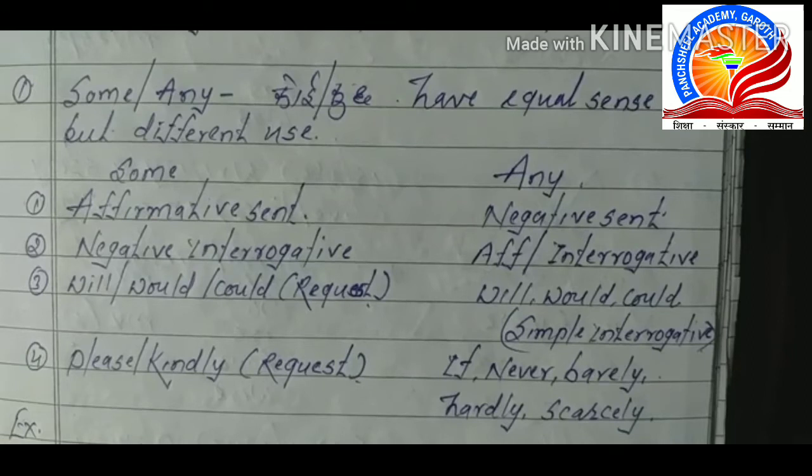They both have equal sense, but they are applied differently. Why and how? See here. Some is applied only in an affirmative sentence. When the sentence is affirmative, we will have to apply some in the sense of koi or kuch.